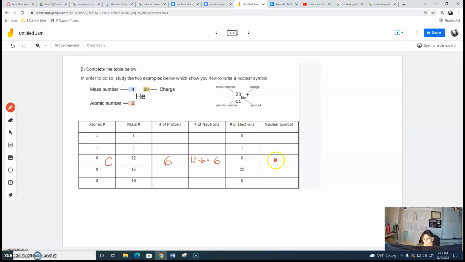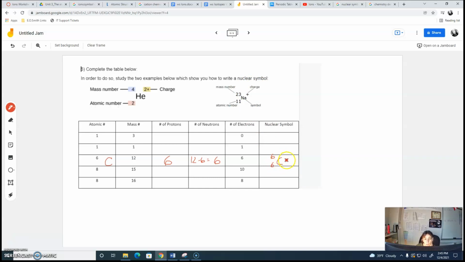So the nuclear symbol for this is actually going to be really easy. It's going to be the letter C for carbon. So I write down the element symbol, C, mass number 12, atomic number 6, and charge. Well, what is my overall charge?